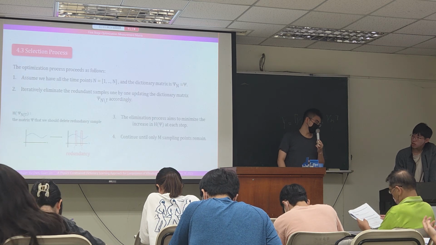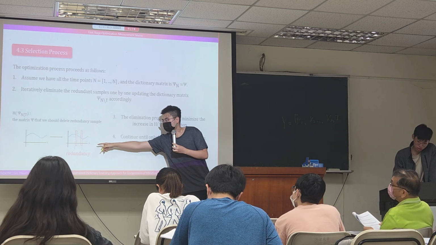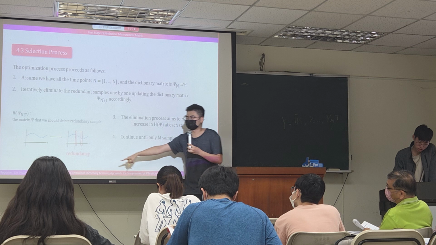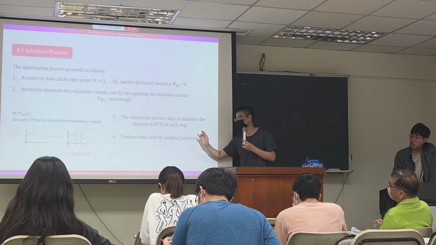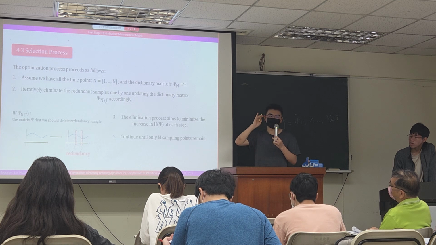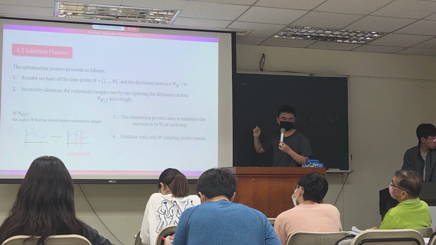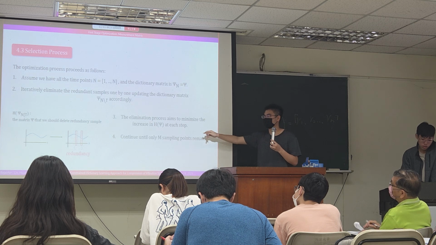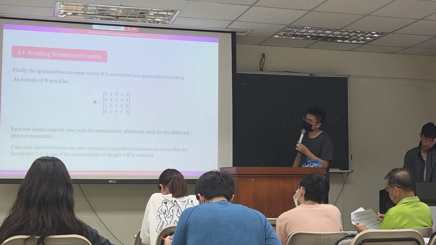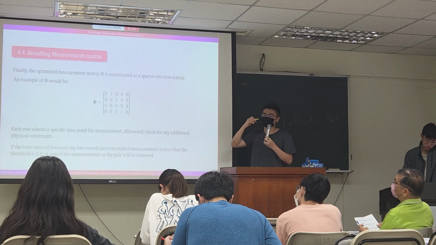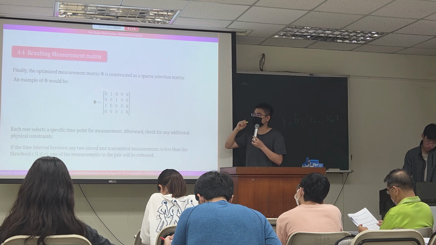If we want n sampling points, we reduce the redundancy, n minus n point. Then we have the points we need. So we reduce the maximum point and return.